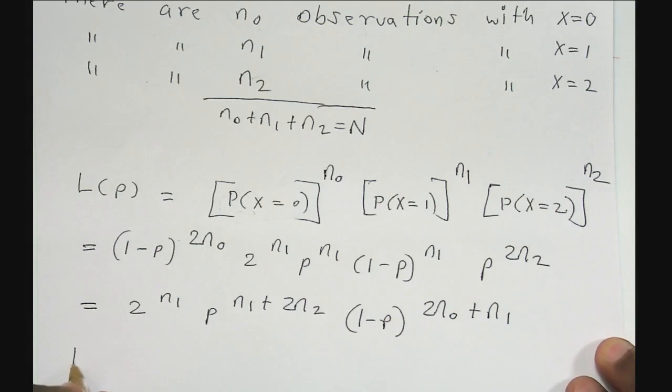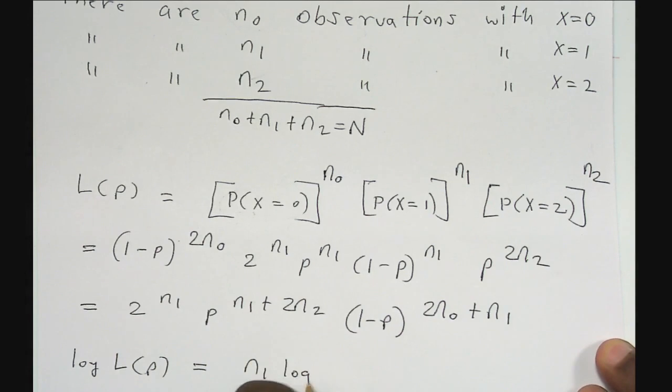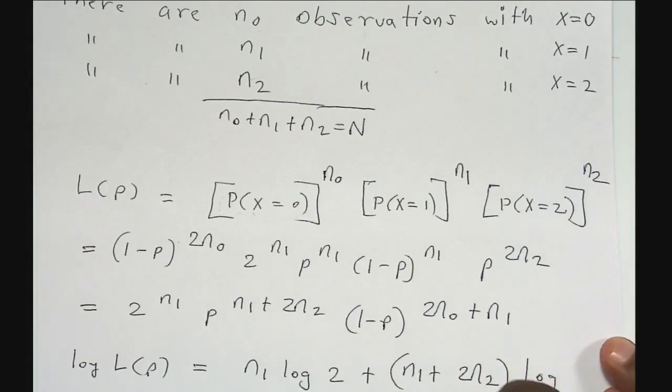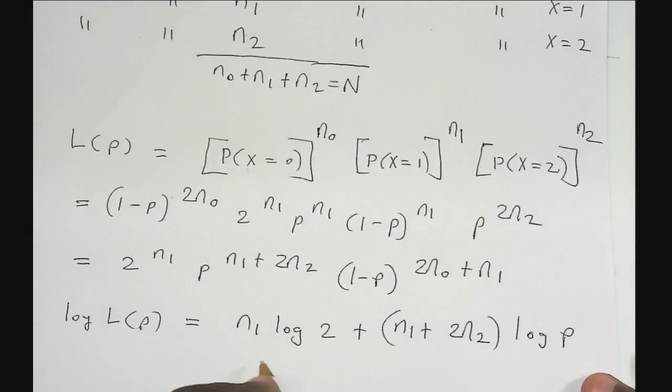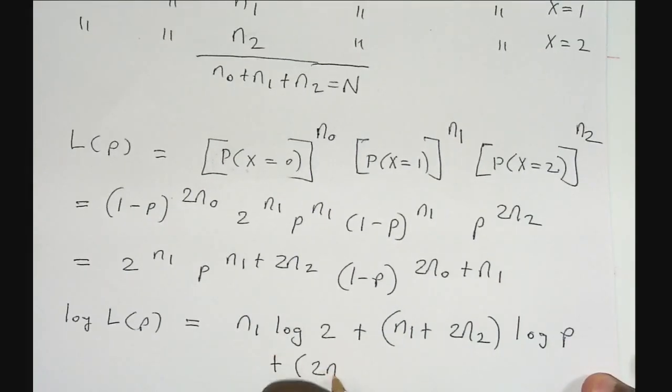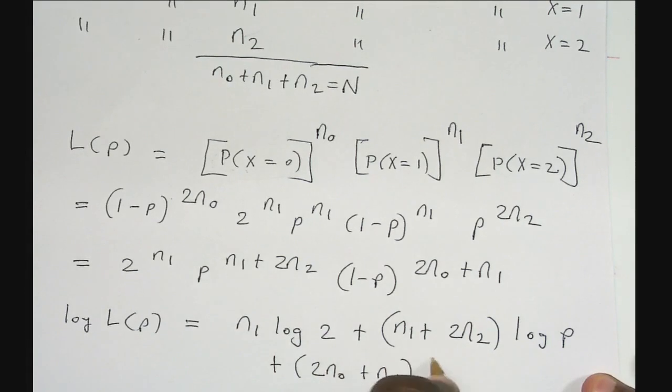And the next step, as you all know, is to take the log of the likelihood, which will be n1 log 2 plus n1 plus 2n2 log p plus 2n0 plus n1 log of 1 minus p.